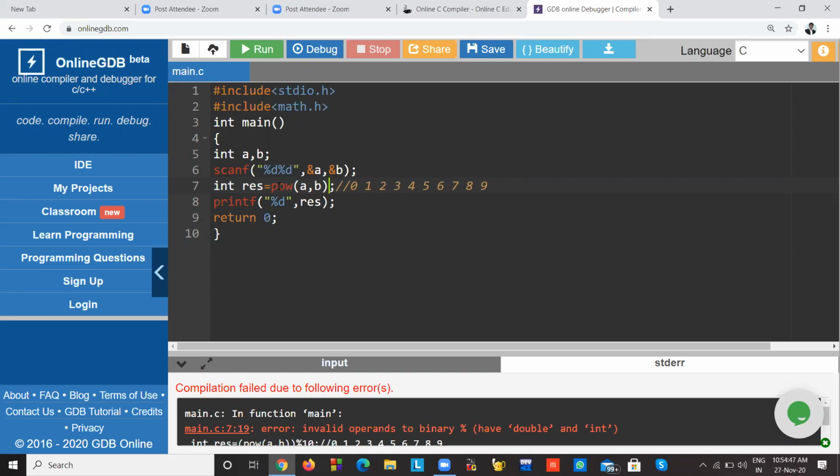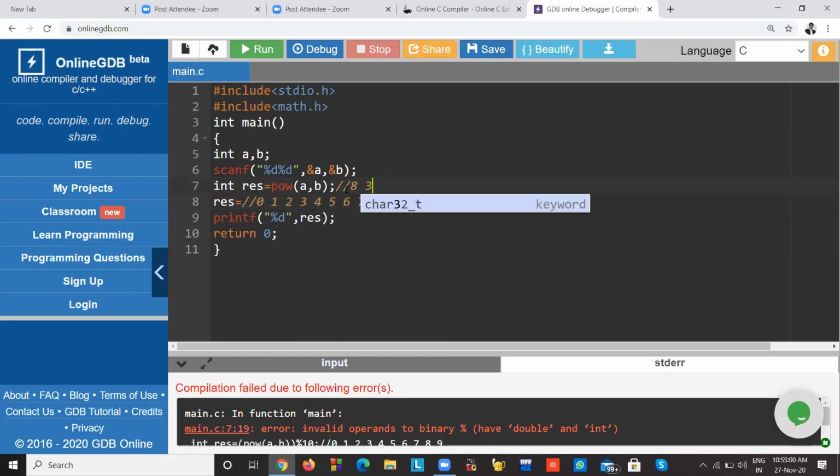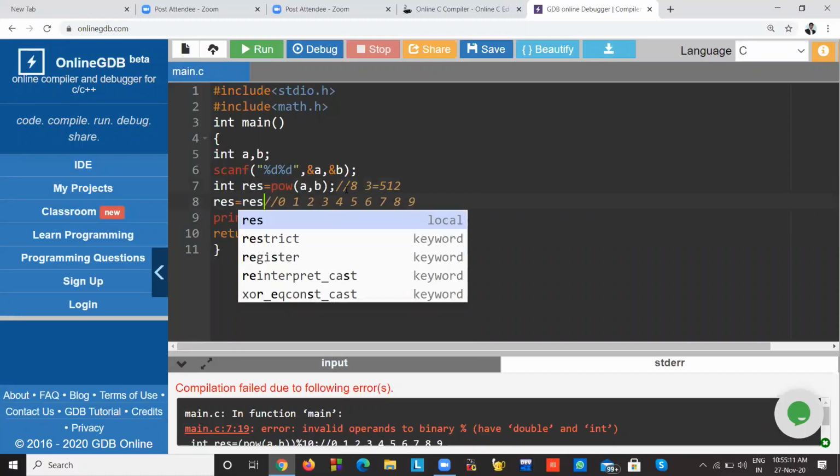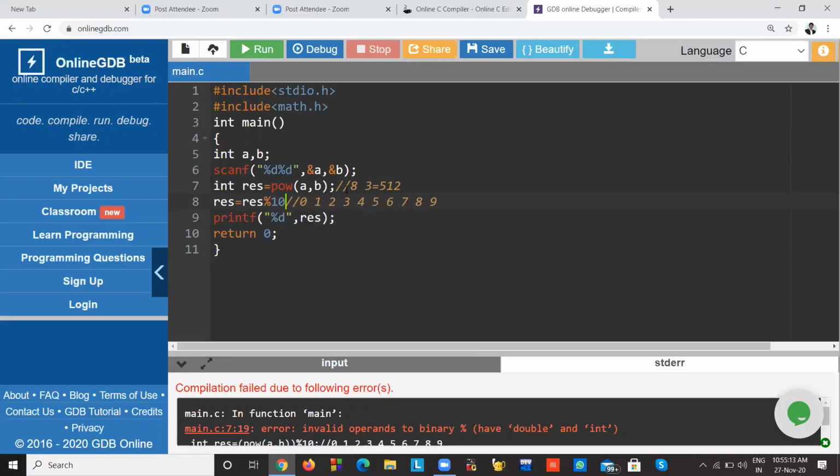Okay, we calculated it separately. Now this result has, for example, a is 8 and b is 3. So what is the POW of a comma b? 512. We now have to divide 512 by 10, so result is equal to result percent 10. I used the same RES instead of another variable. Now result equals result mod 10, right?